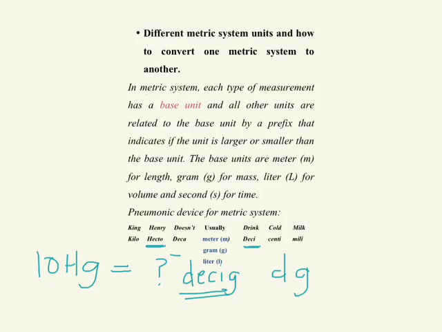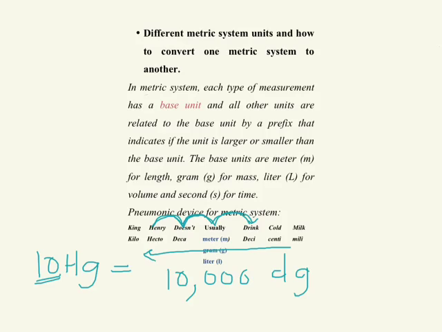Again, you're going in a forward direction. How many jumps? 1, 2, 3 jumps. So first you put the number 10, then how many zeros? 1, 2, 3. 10,000 decigrams.